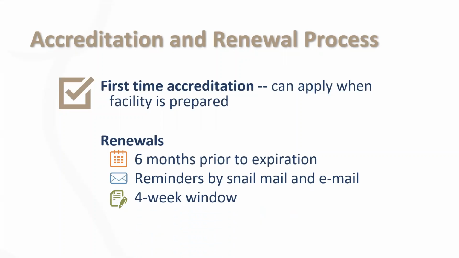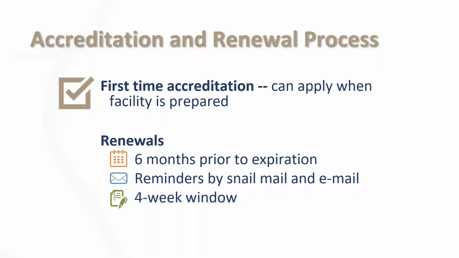And right now we are giving you a 4-week window of telling you when the surveyor will arrive. That's not something we used to do, but I think it's going to help make sure you're prepared. We're doing that during COVID-19 just to make sure that you are there and that surveyors are able to do their job and perform their survey itself.